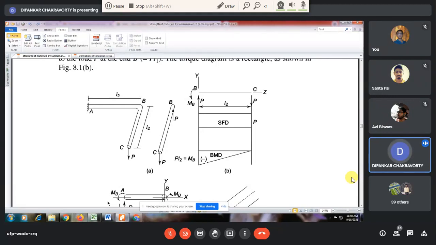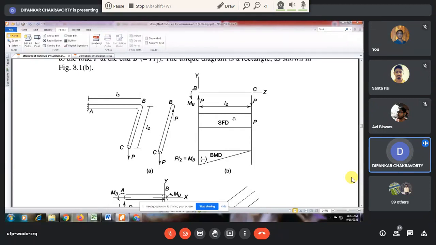Now if you really look at the member CB, I'm telling CB, I'm not telling BC, because I'm approaching the beam or the bow girder from C, then through B up to A. Now this P is going to create a shear in the member CB, and it will create a cantilever bending moment which will be 0 at C, and at B it will be a hogging moment which is equal to PL2.